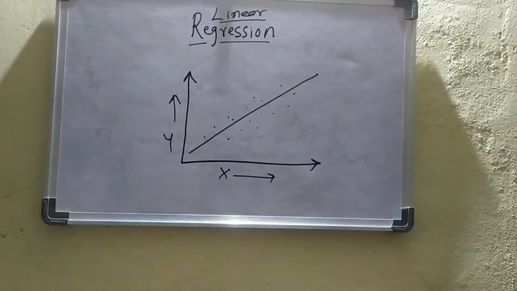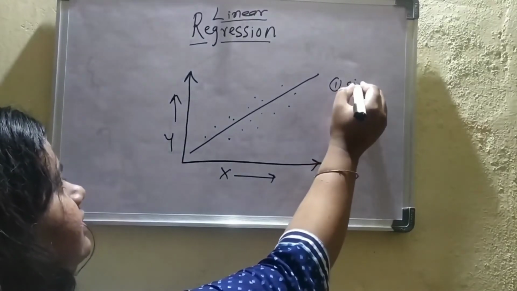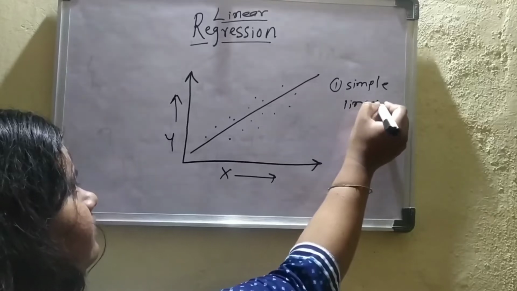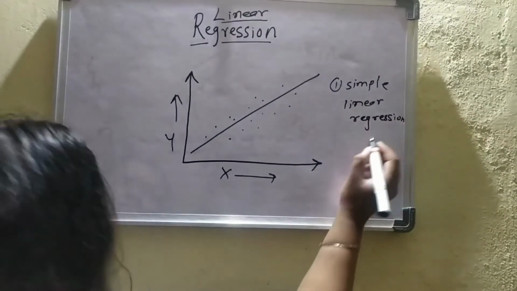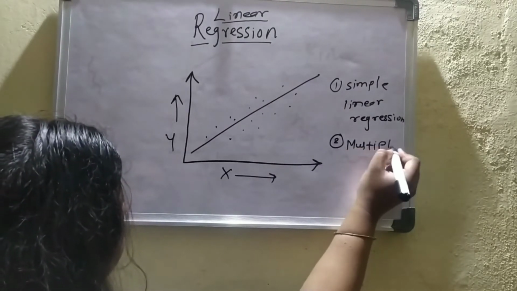In linear regression there are two types. The first one is simple linear regression, and the second one is multiple linear regression.